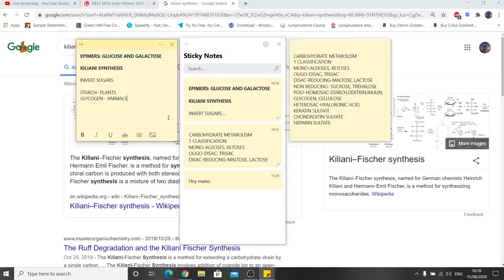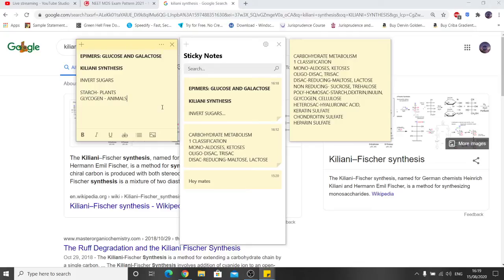Cellulose is not digested in humans. Maybe it's a hardcore fact, right from our intermediate. Glucose is called energy currency among carbohydrates. ATP is the energy currency of the cell. Again, it's a hardcore fundamental.